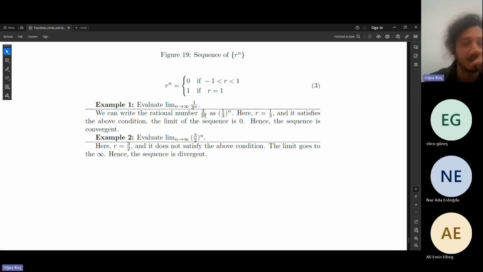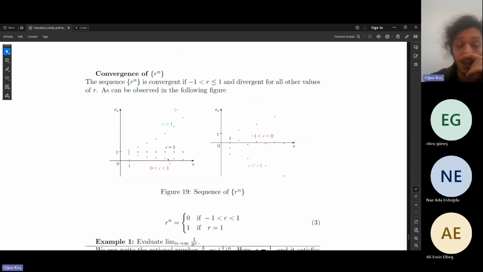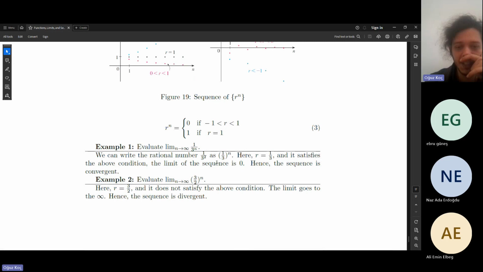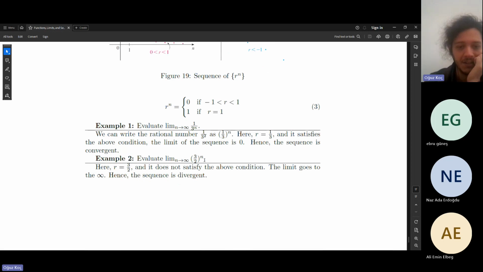We can write 1 over 3 to the nth power as the common power, 1 over 3 all to the nth power, and here r becomes 1 over 3. We already know that when r is between -1 and 1, it satisfies the above condition, and its limit approximates 0, and actually converges to 0.